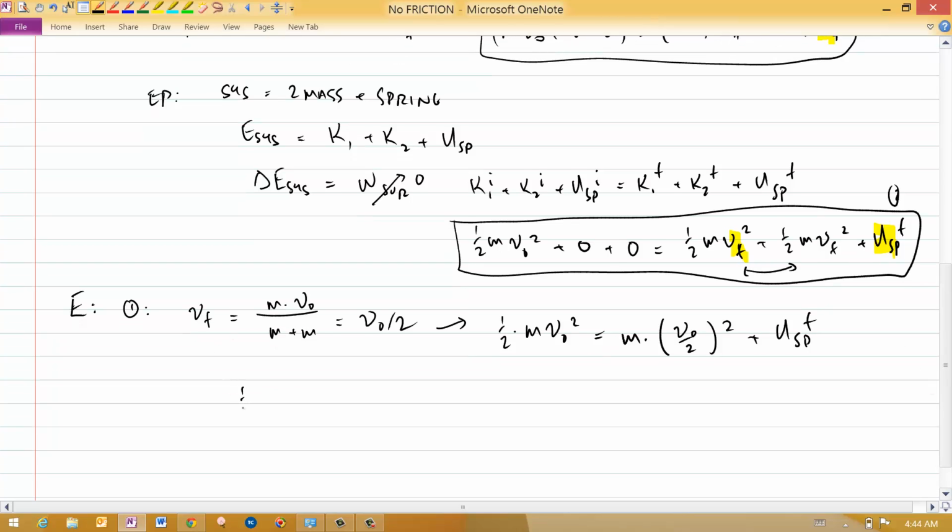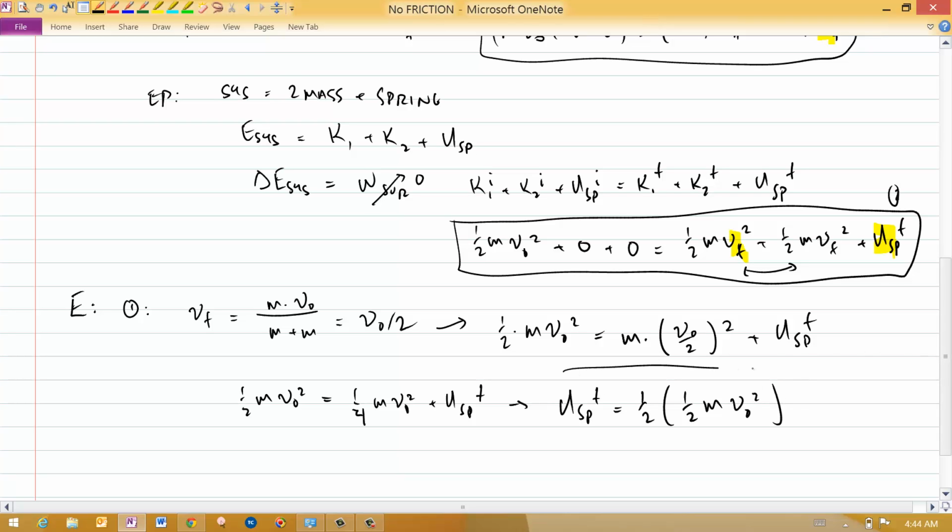So I have 1/2 m V0 squared is equal to 1/4 m V0 squared plus U spring final. It means that U spring final is equal to, I'll write it in a very strange way, 1/2 times 1/2 m V0 squared. So I've got my two answers now.